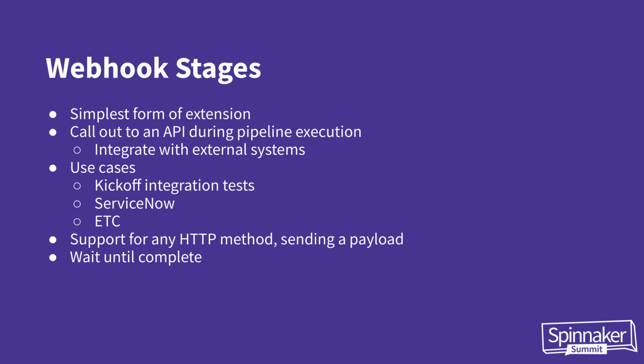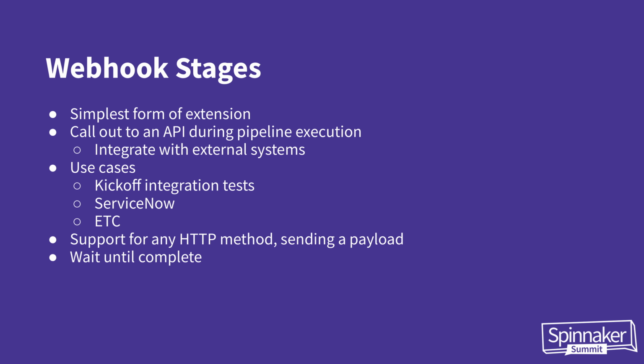Some use cases I've seen with Armory customers and people that I work with in the community: kicking off integration tests on custom systems. ServiceNow is a huge one in the larger organizations that I've worked with. And obviously we don't have a native integration, so we use the webhook stage to support that. Some brief details. We support any HTTP method. You can send a payload.